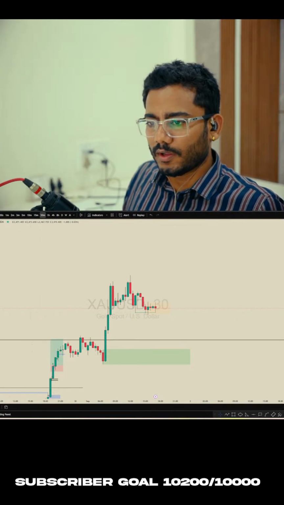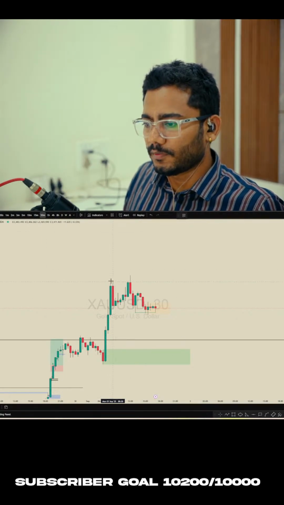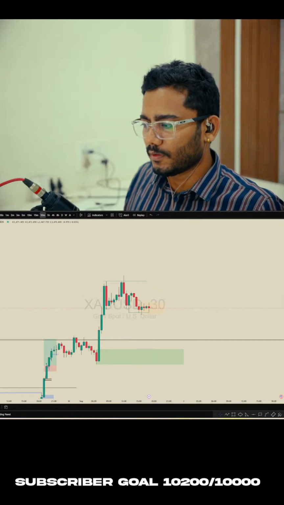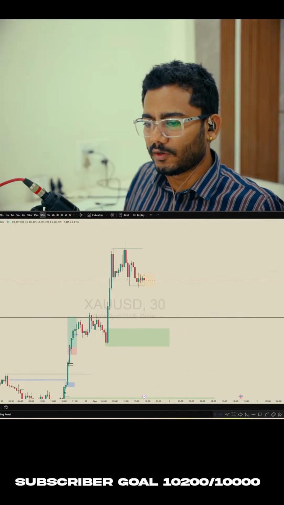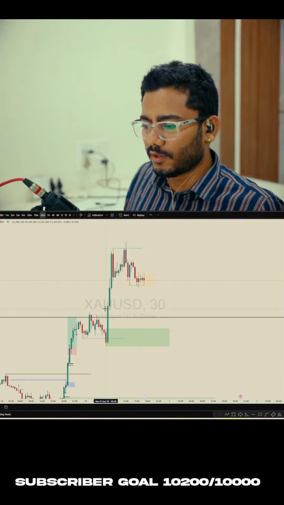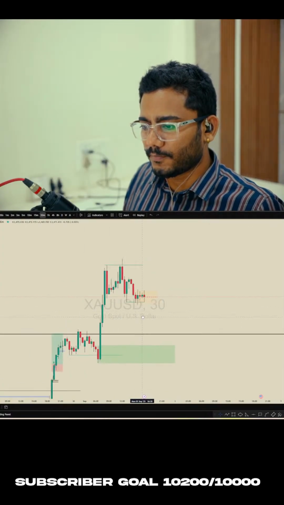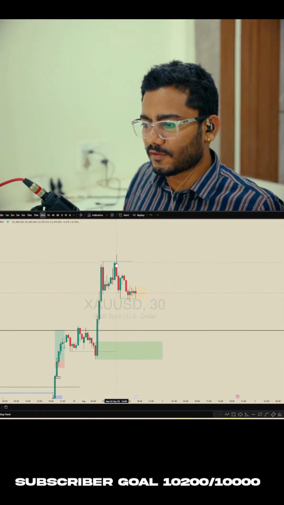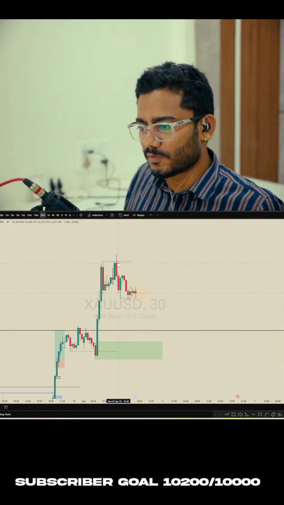If we look at gold on higher time frame, this is a 30-minute time frame. Here, price has created this swing low, and this is the candle which took out the liquidity and then gave the structure break to the upside. After that, price created this higher high, and the liquidity has been swept above this high.